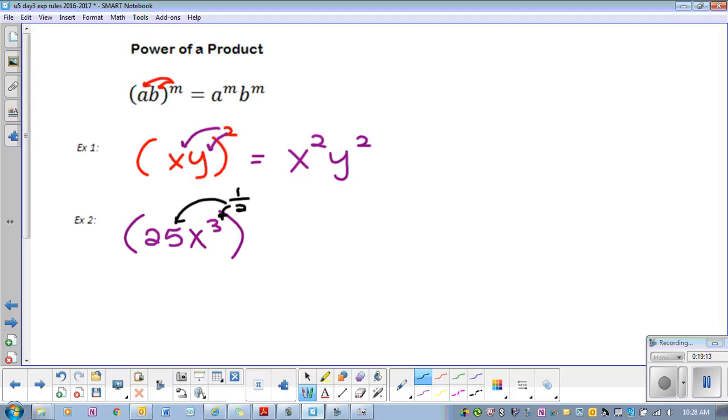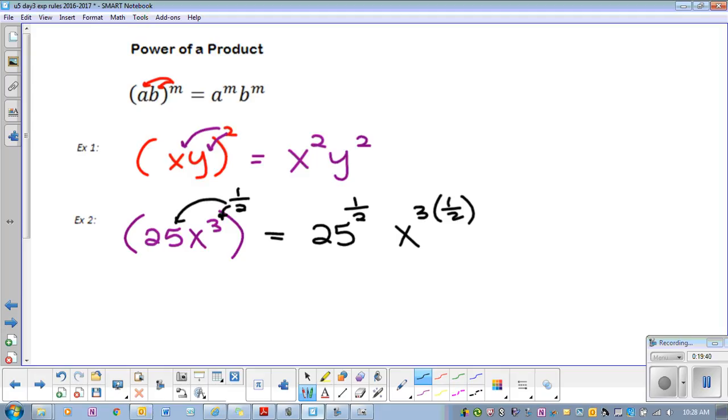Don't just multiply. So this 25 is 25 to the 1/2 power, and the x already had a third power, but then we bring 1/2, so they have to multiply. Does that make sense?